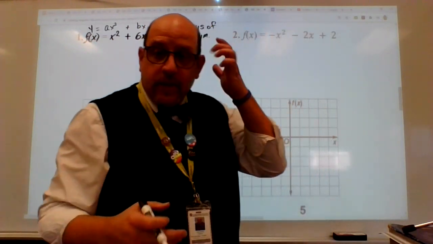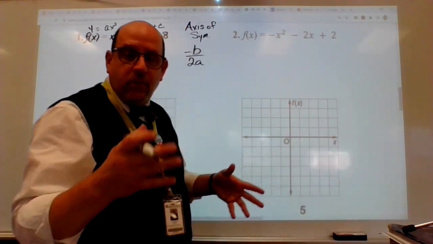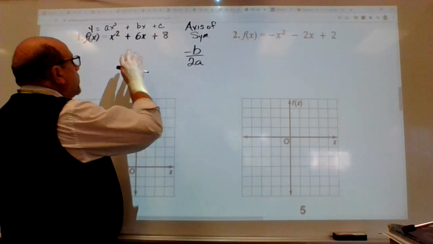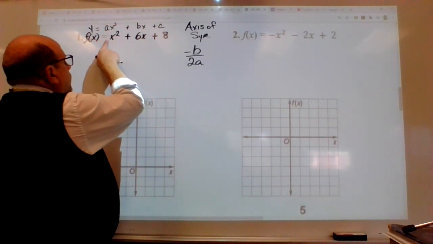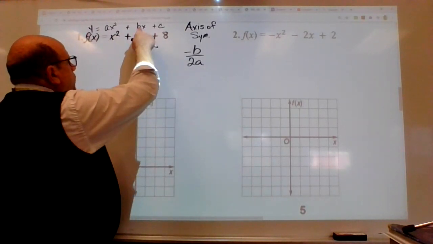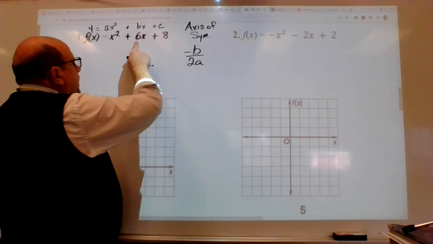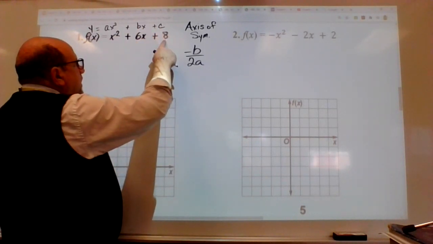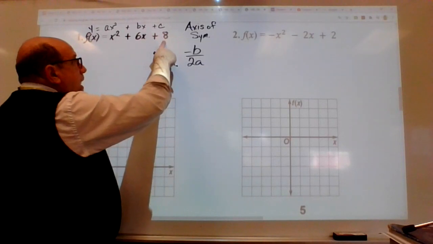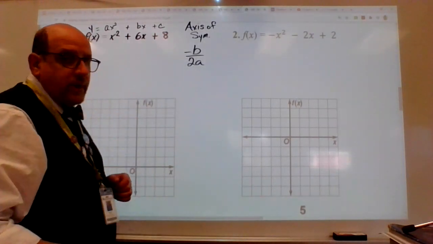So you have to remember that those two things are interchangeable. And here we go. We look for the coefficient in front of the x squared term, and that's just a 1. The coefficient in front of the x term is 6. And our constant is 8. Oh, hey, we know where our y-intercept is.